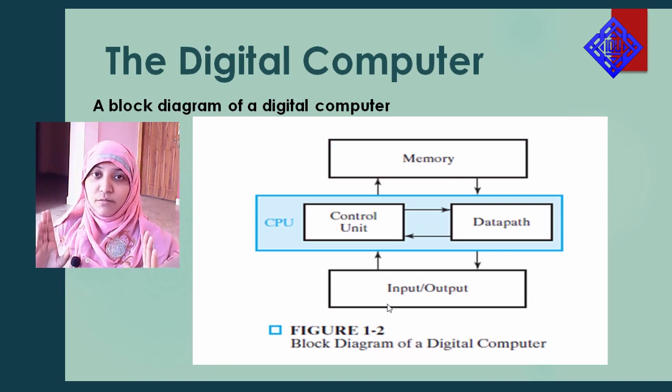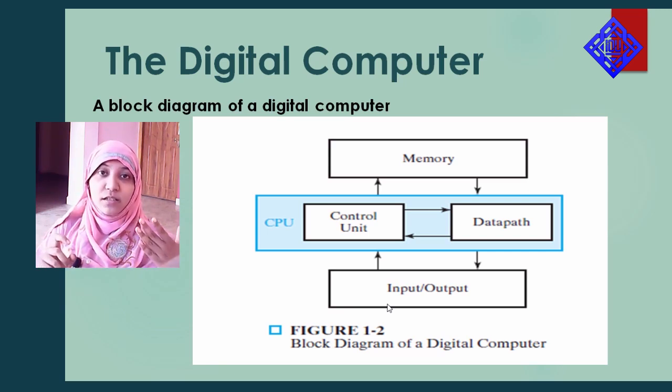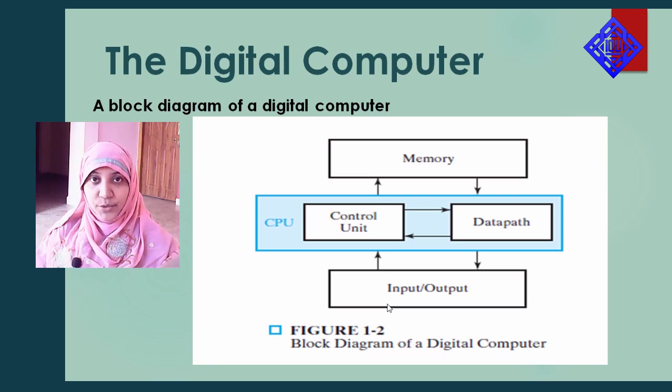And now when we combine this control unit and the data path together, that is, the data path's task is to perform the operation, obviously, whatever operations the user wants to perform, calculation or any other operations that have to be done, when we club this data path and the control unit together into a single unit, that becomes our CPU, that is called our central processing unit.